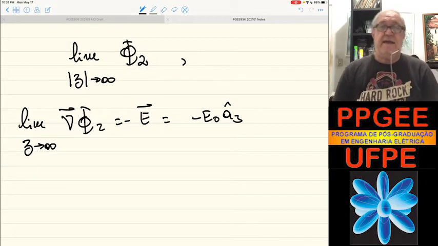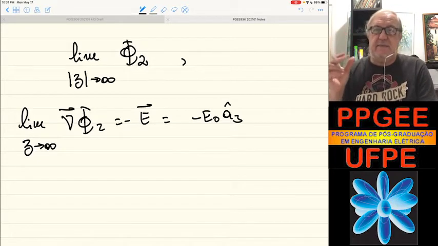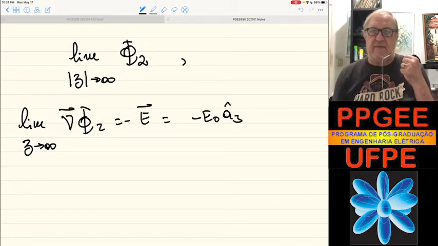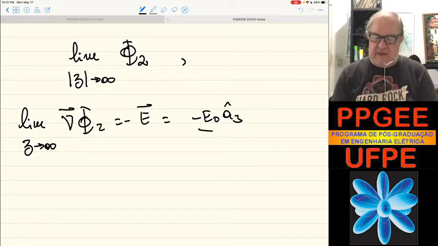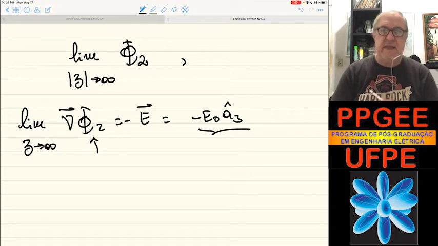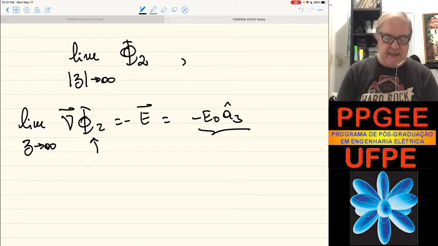So in other words, the potential can only have one dependence that gives only a z component of field. The potential has to depend only on z for large z.